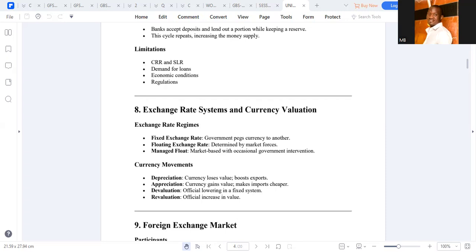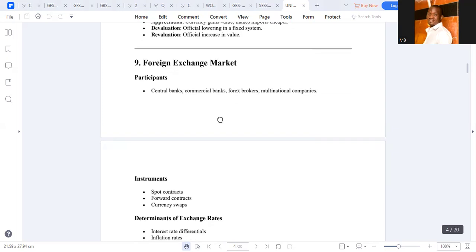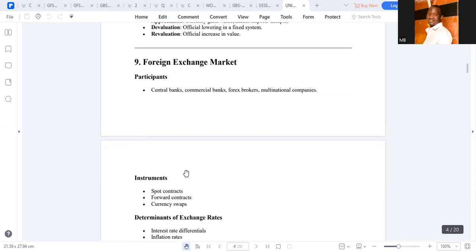So let's go to the foreign exchange market. What happens in the foreign exchange market? We have participants like the central bank, commercial banks, and forex brokers. The central bank intervenes to stabilize the currencies. The commercial banks facilitate forex transactions, and forex brokers and dealers are intermediaries.